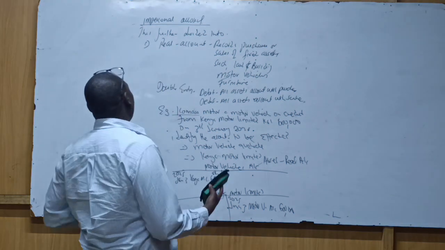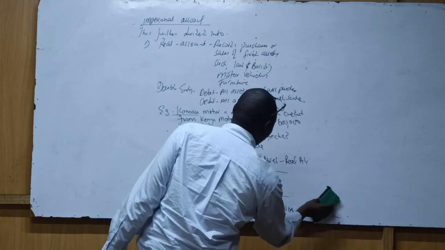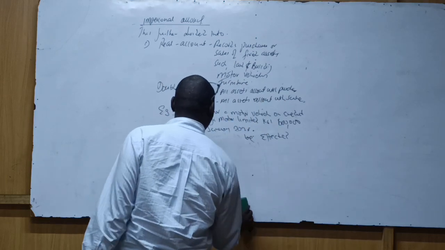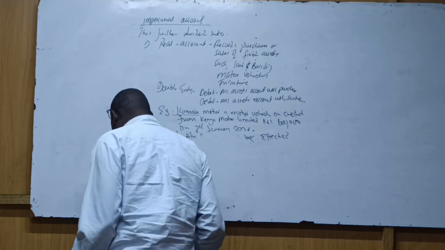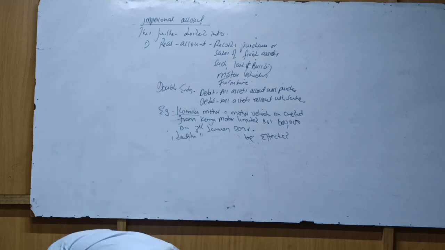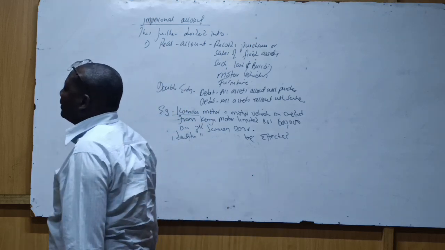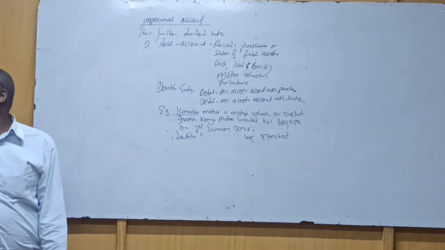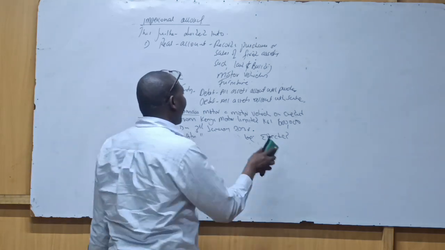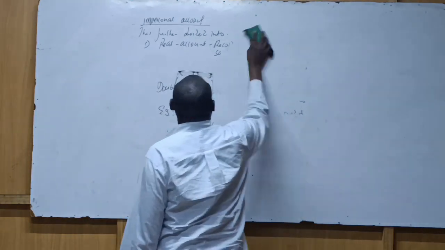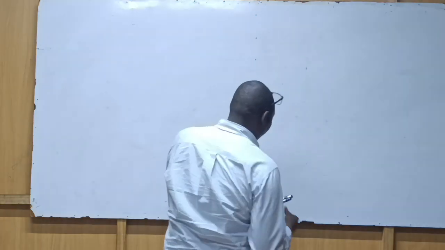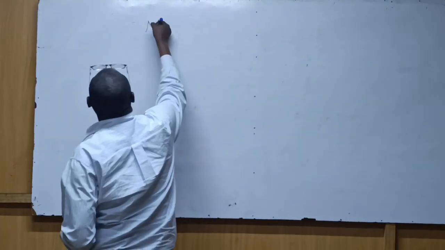So let's go to number B on the same, which is the nominal account.